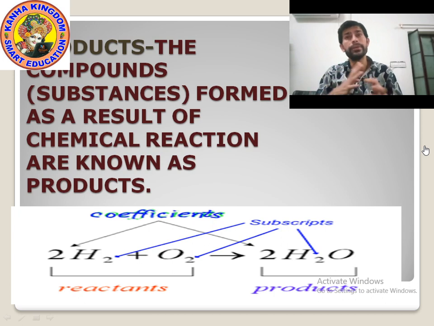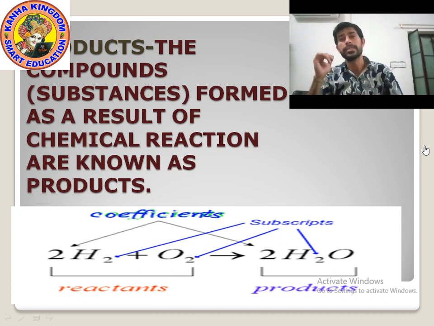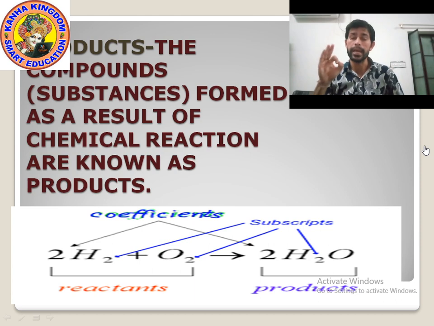When they react, they form a new substance, H2O, water, which is a product, because it is the result of a chemical reaction. The compounds or substances formed as a result of a chemical reaction are known as products.